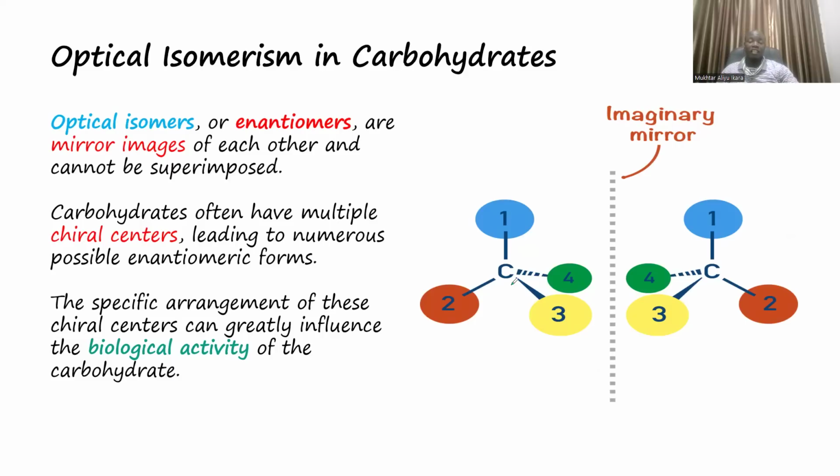You can see clearly, ladies and gentlemen, this is a chiral carbon, and all the atoms attached are different, 1, 2, 3, 4. Look at this 4 here: it is at the right in one and at the left in the other.